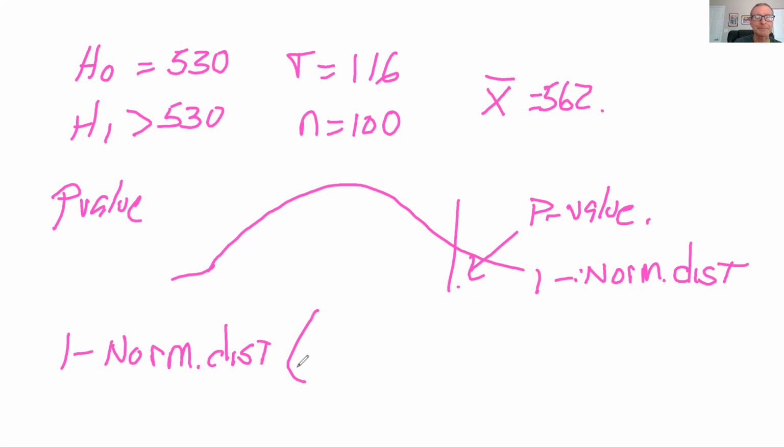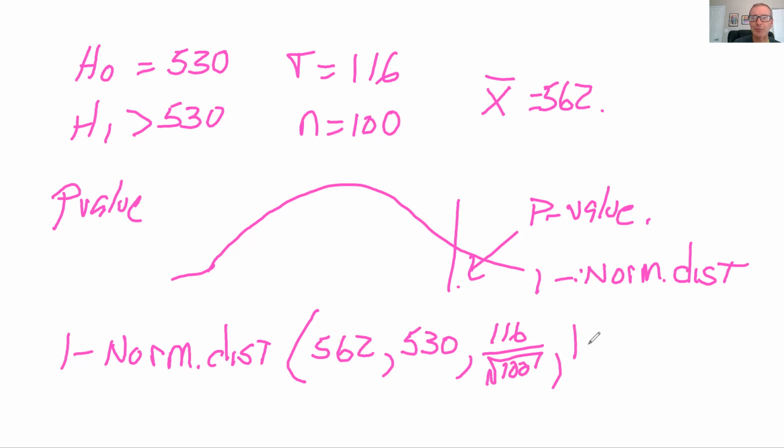And when we do that, remember the x value in this case is going to be our calculated mean from the 100 students, 562, our mean of 530. Our standard deviation, again, is our central limit standard deviation, so it'd be 11.6. And remember, we always do true here. Now, you can do the same calculation with your calculator using the normal CDF, I believe.